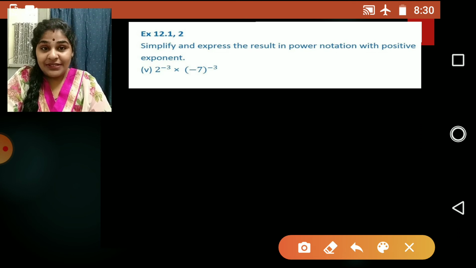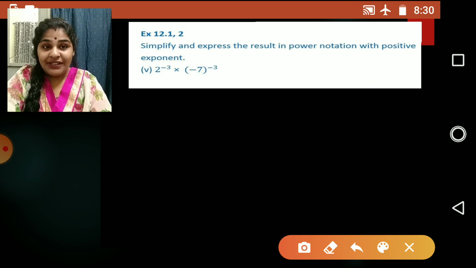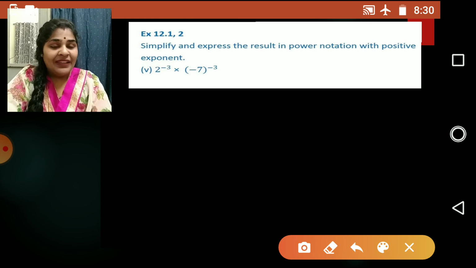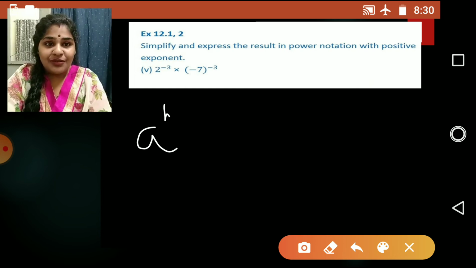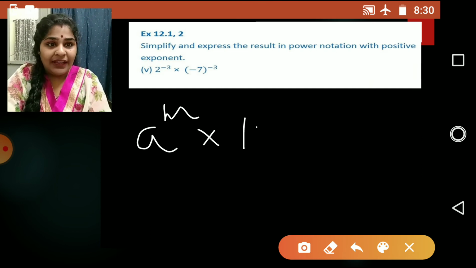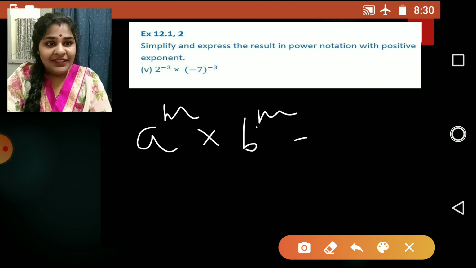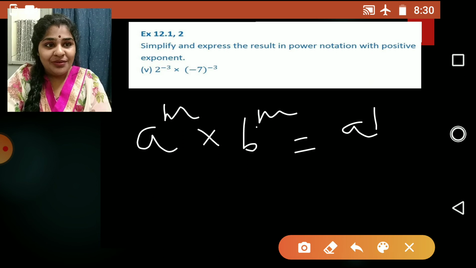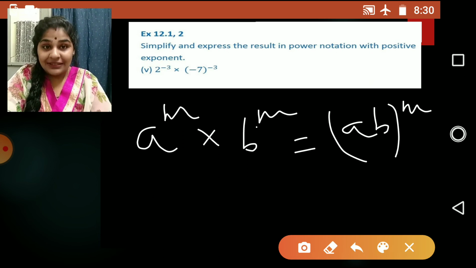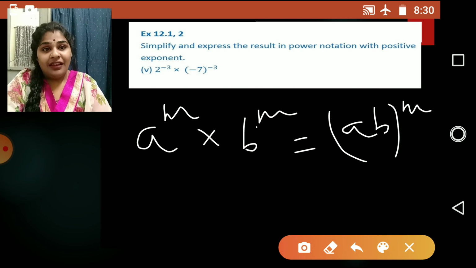Now if you observe, the exponents are same, bases are different. So can I use the law a raised to m multiplied by b raised to m is equal to a multiplied by b whole raised to m? This is the law children. Now this can be used over here.